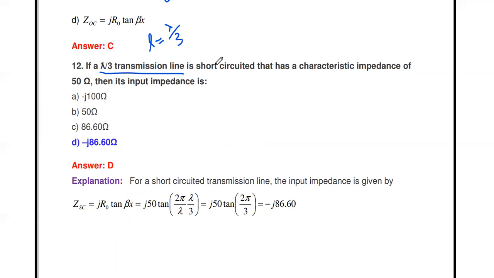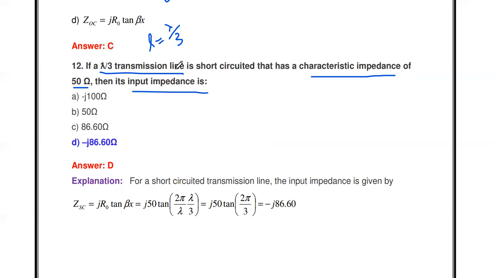This transmission line is short circuited and has a characteristic impedance of 50 ohms. Then its input impedance is dash. So what is the question? The transmission line is a short circuited transmission line with length given as lambda by 3 and the characteristic impedance R naught equal to 50 ohms.